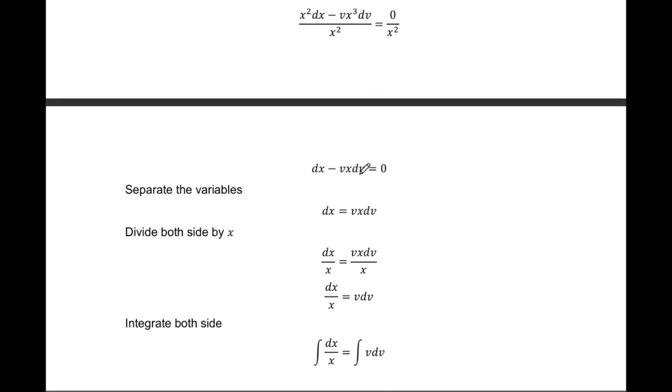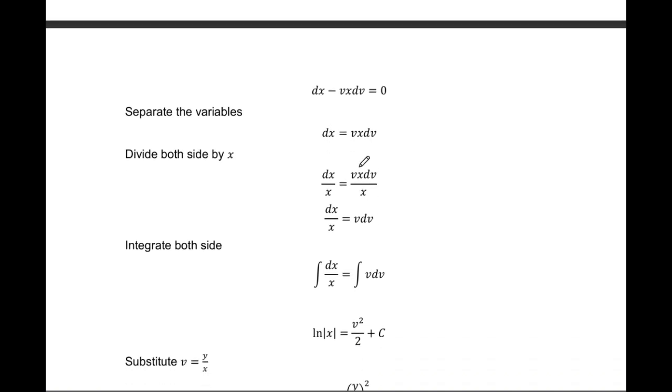Next is to separate the variables. So we will have the vx dv on the right side. So we have dx is equal to vx dv. Next is to divide both sides by x, to completely separate the variables before we integrate. So we have dx over x is equal to vx dv over x.